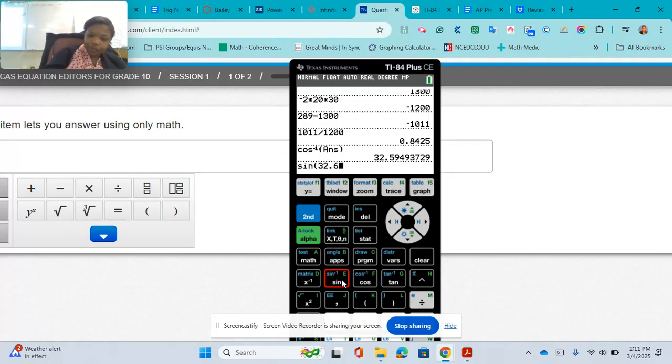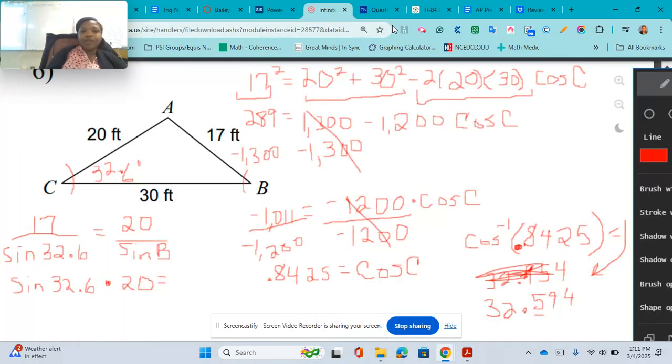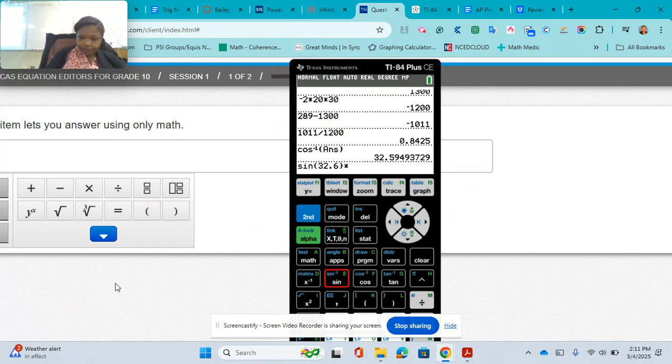Okay. Fine. Sine of 32.6 times, what was it? Times 20. That is 10.775.